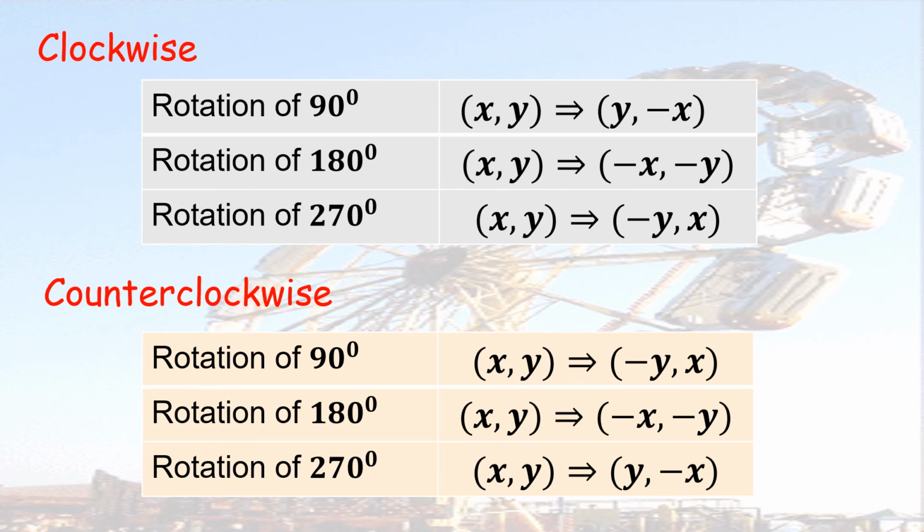Then under counterclockwise, rotation of 90 degrees, (x, y) will become (-y, x). And rotation of 180 degrees counterclockwise, your (x, y) becomes (-x, -y). As you can see here, whatever the direction of rotation, the pattern is the same for rotation of 180 degrees. And for the last one, rotation of 270 degrees, your (x, y) becomes (y, -x).